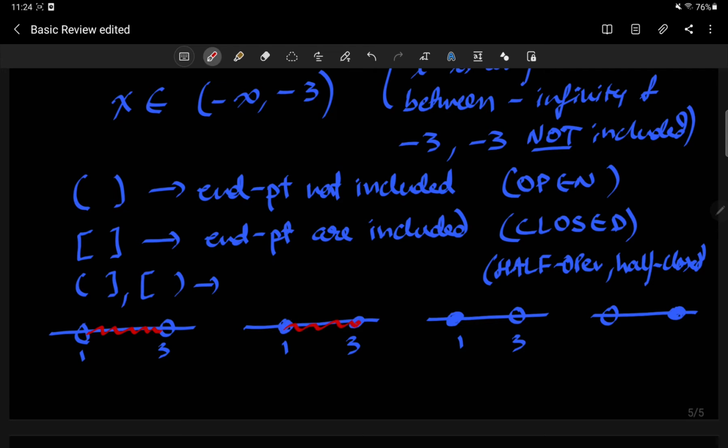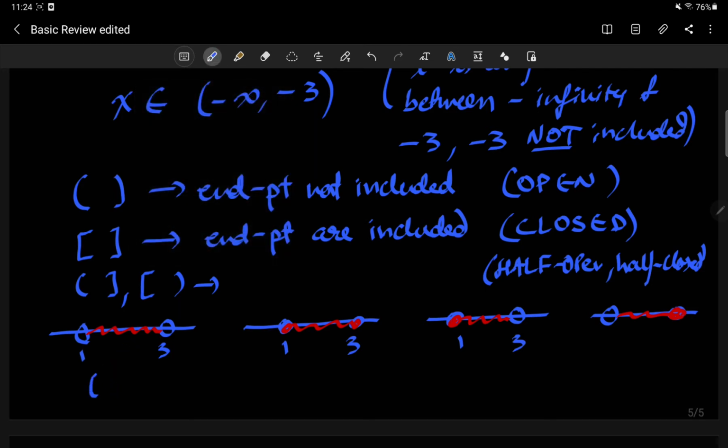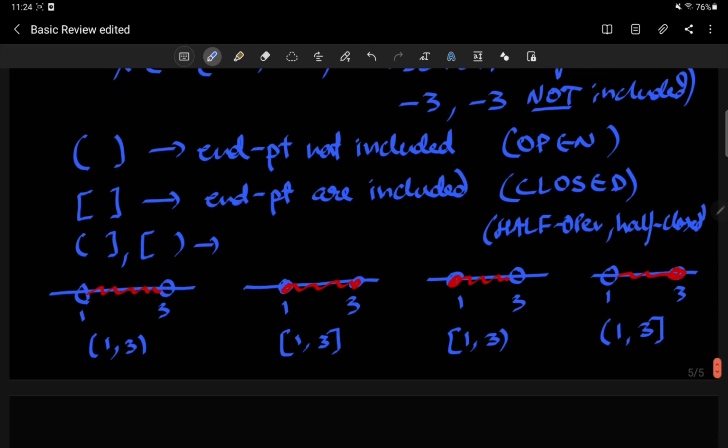The second case is this. Third case it's this, and then the last case is this. In the interval notation, what that is going to look like is open on 1 and 3, closed on both 1 and 3, closed on 1 and open on 3, open on 1 and closed on 3. Okay, so that's the distinction between these different notations.